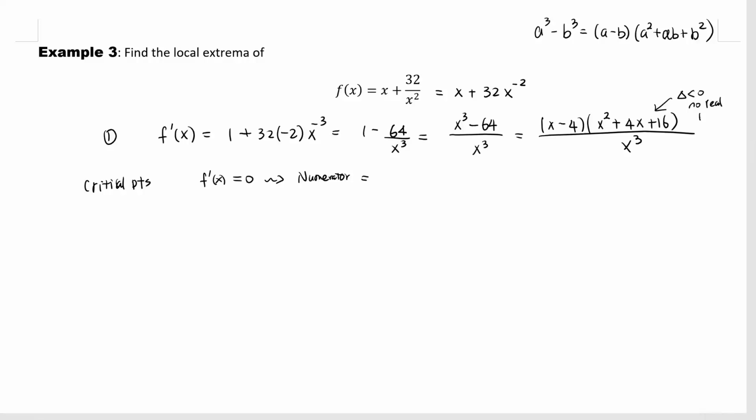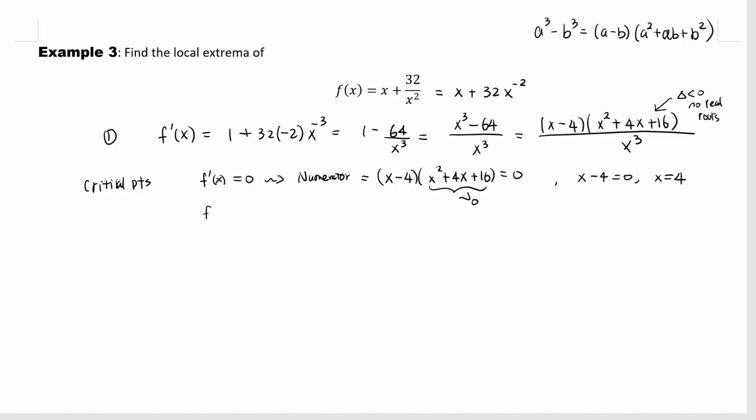This factor is always positive, actually. So the only possibility is when x minus 4 is 0, so x equals 4.